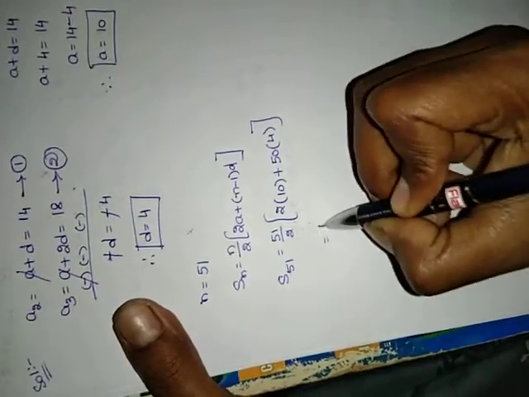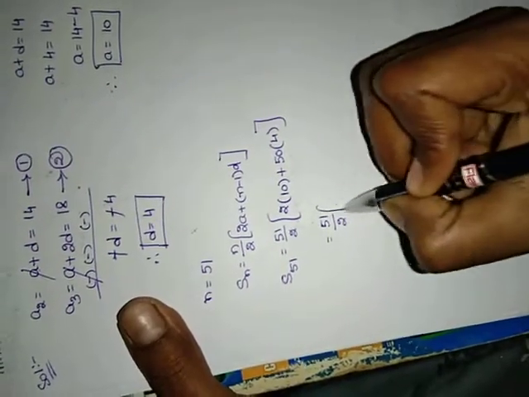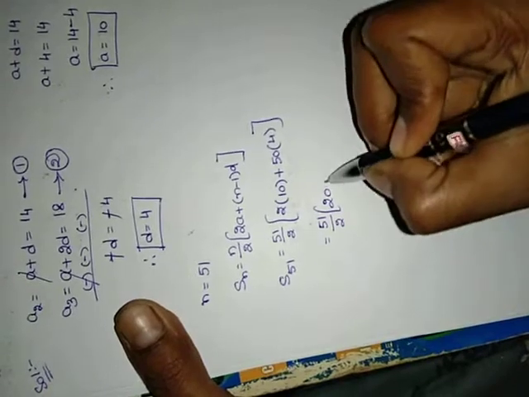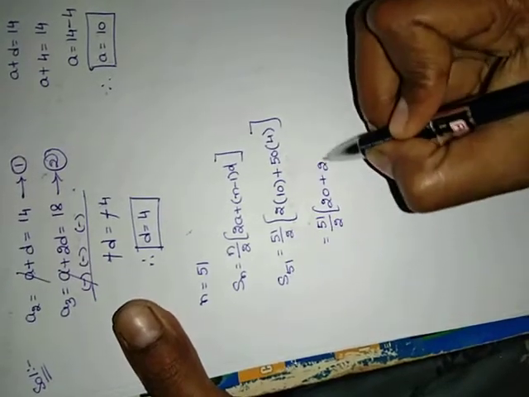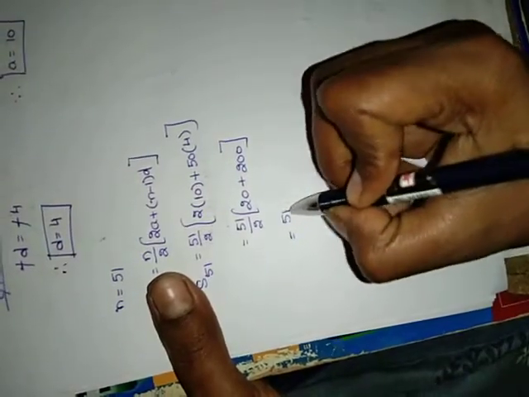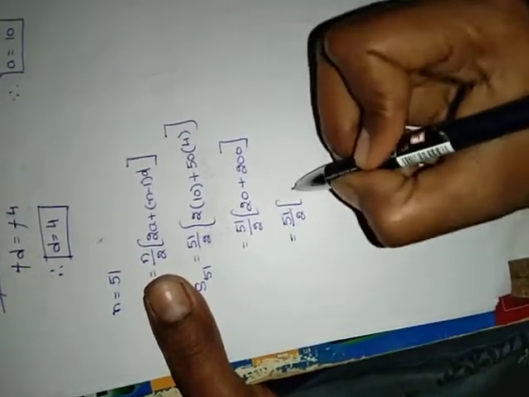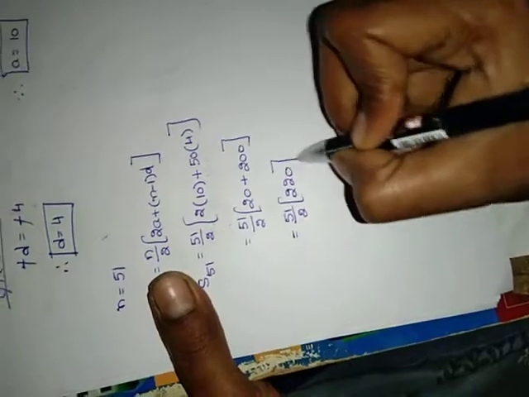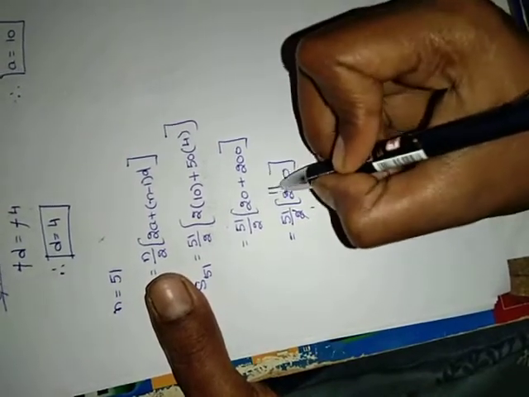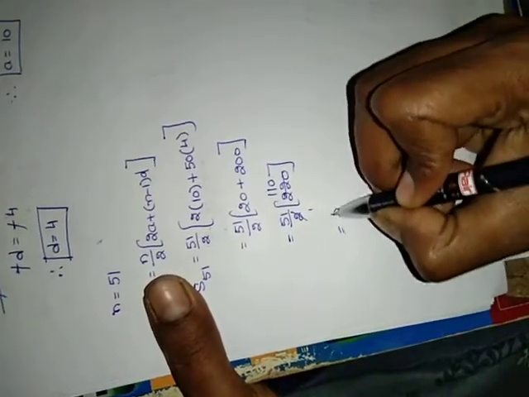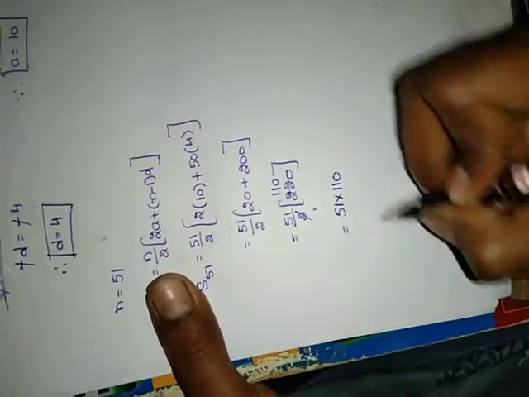Now solve this. 51 by 2 into (2 times 10 is 20, plus 5 4s are 20, 0). Add both: 51 by 2 into 220, no? Now cancel with 2. 2 1s are 2, 1s, 0s. So what we got: 51 into 110.